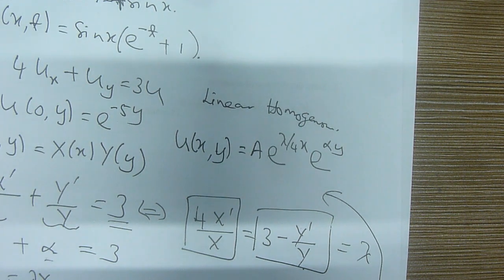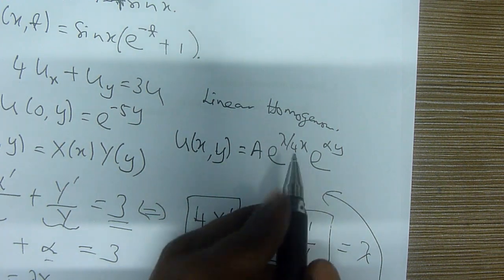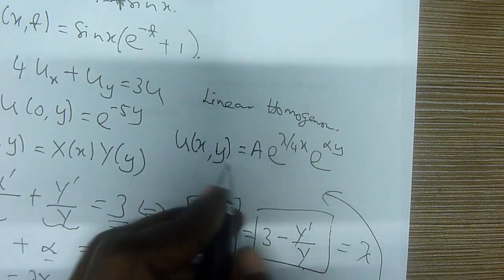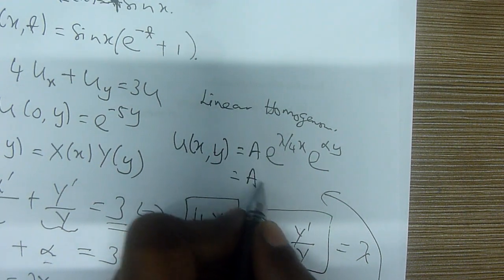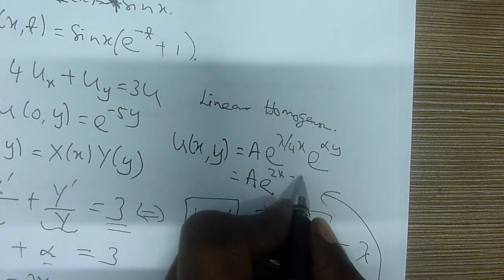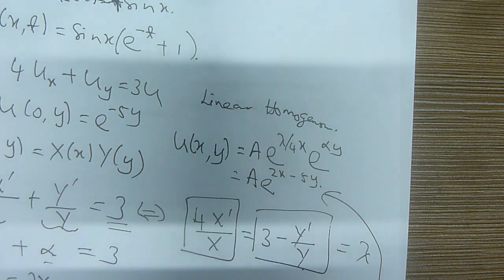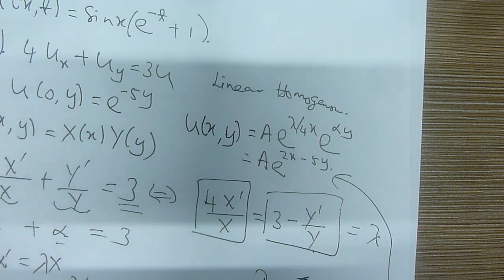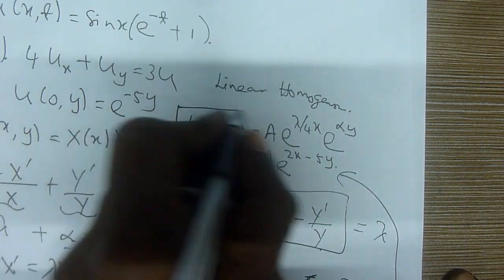Then your task is just to place the value here. Lambda is 8, therefore I get e^(2x minus 5y). Excuse me. Okay, this is the solution.